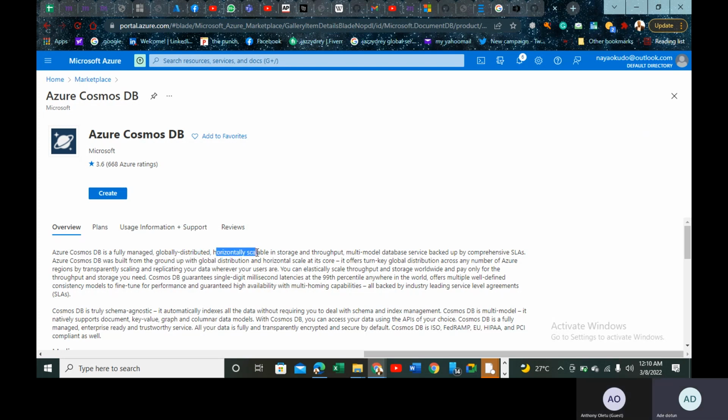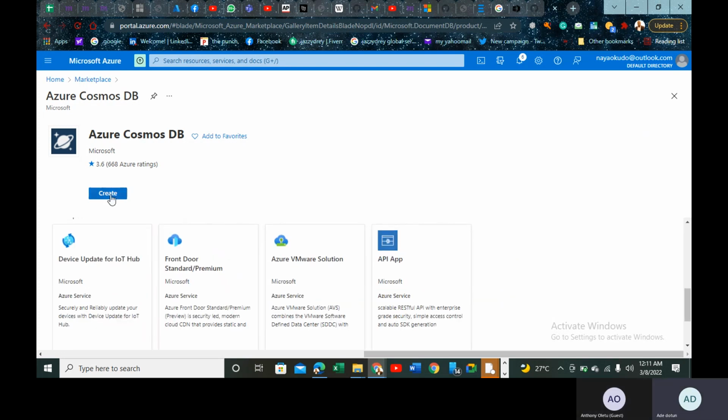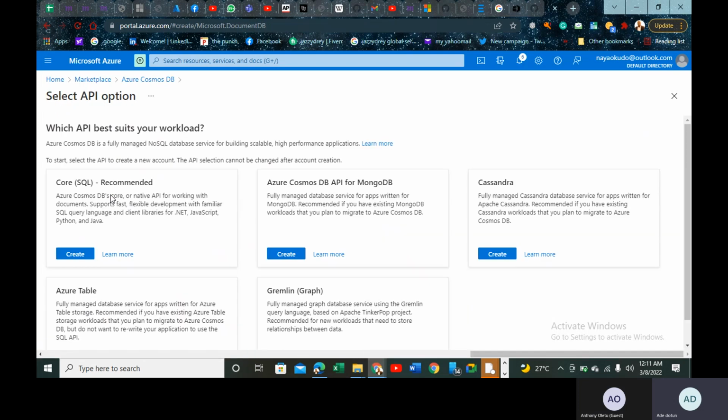I've explained what they mean by horizontally scalable in storage and throughput. It's a multimodel database service backed by comprehensive SLAs, built from the ground up for global distribution. There's a whole lot, but these are the few I want you to understand.